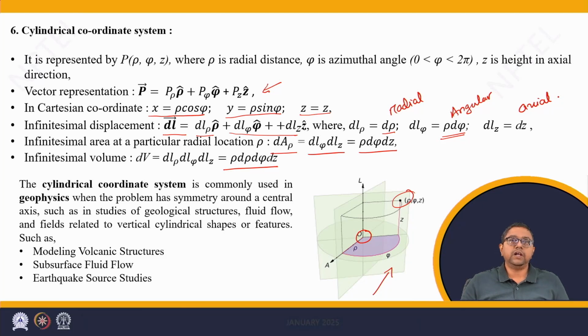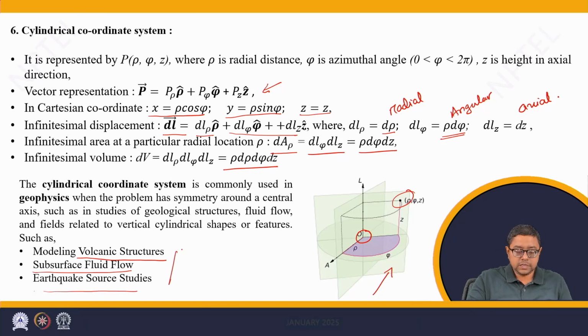Now the cylindrical coordinate system is also commonly used in geophysics, such as modeling volcanic structures, subsurface fluid flows and earthquake source studies.